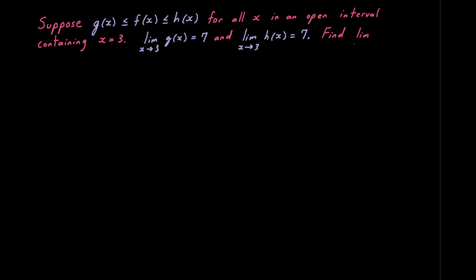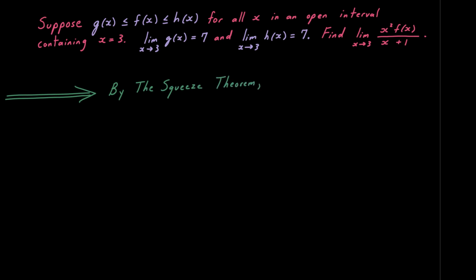They match. With that in mind, we want to find the limit of this weird thing here, x squared times f of x all divided by x plus 1. Ooh, looks strange, but the Squeeze theorem comes in to save the day, for part of it anyway. By the Squeeze theorem, I know that since that top inequality is always a sandwich for that interval, the limit for f is also 7.